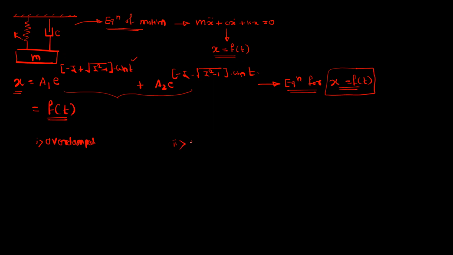Then second is the underdamped. And third is the critically damped. Okay. So these three types, they depend on the value of zeta. That is called as a damping ratio or damping factor zeta.